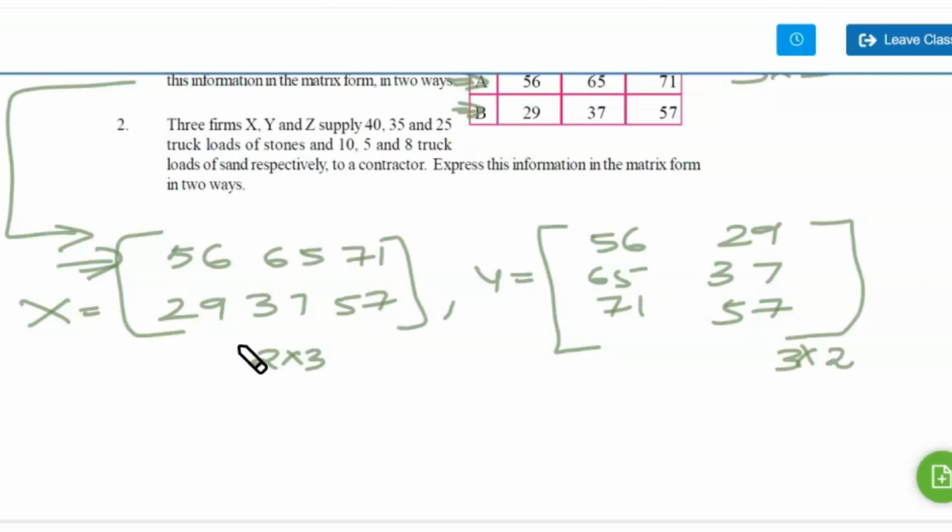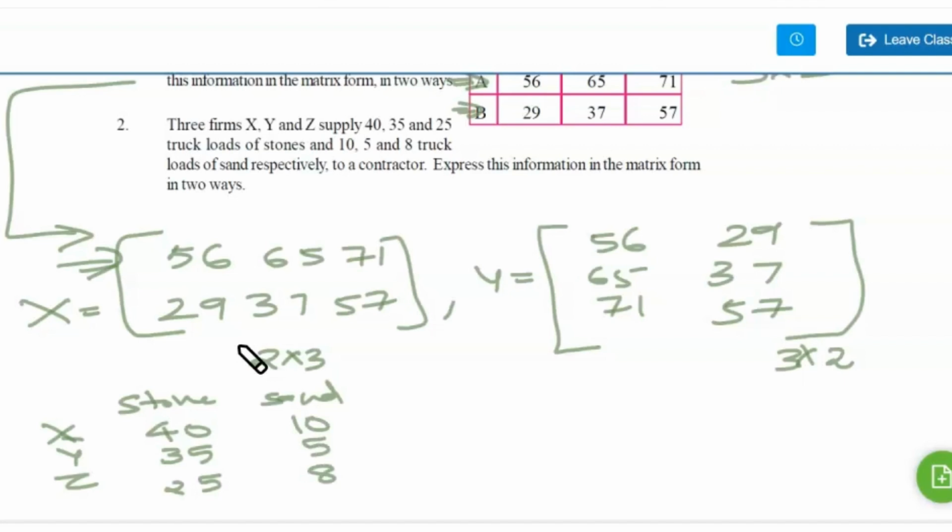Similarly as you did in the first question, consider X, Y, Z are the three firms, and then you have loads of stone here and loads of sand here. So 40, 35, 25. Next one is 10, 5 and 8 respectively.